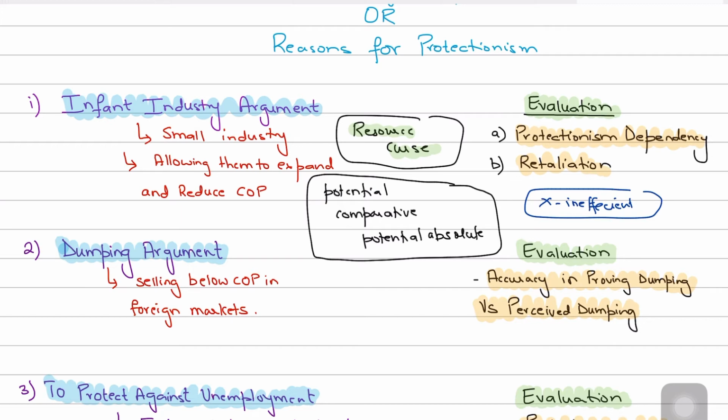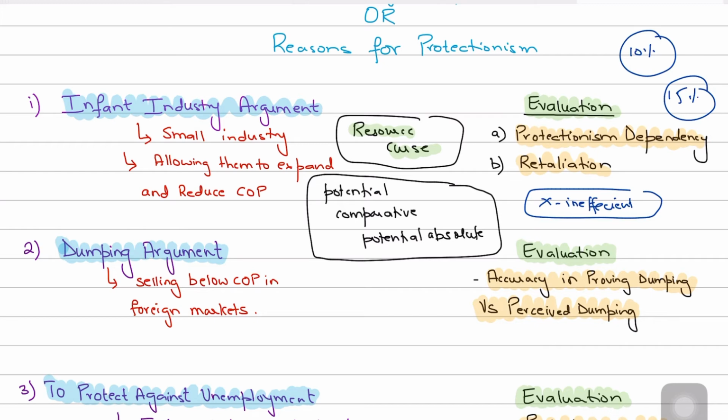But then again, the extent of retaliation might differ. So let's say you have imposed a 10% tariff on your imports from country A, then country A might impose, let's say, a 15% tariff on your exports to that country, right? In that case, you can say that protectionism makes you worse off, because the benefits of protectionism are offset, and there's a net loss to society.